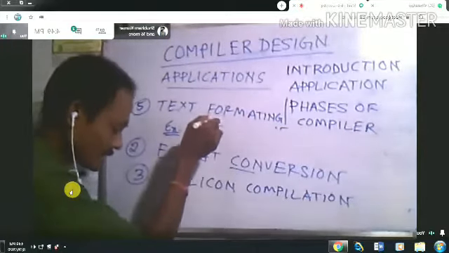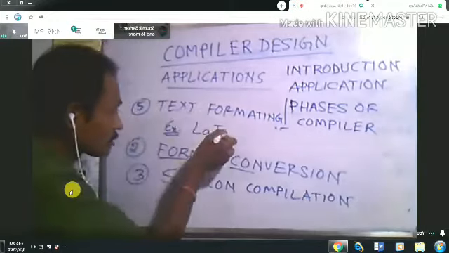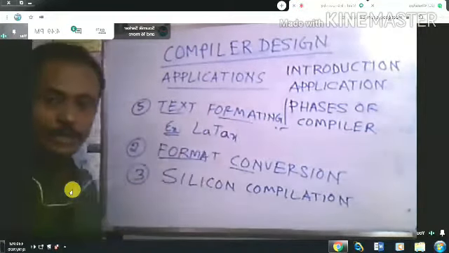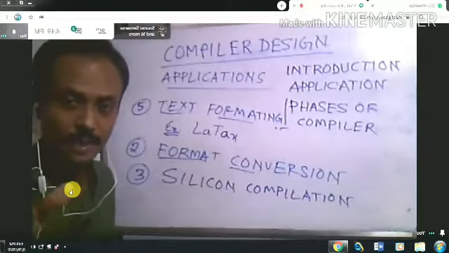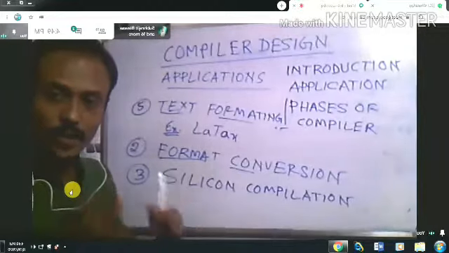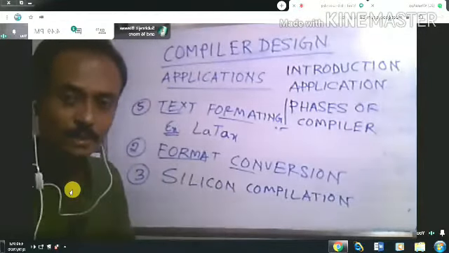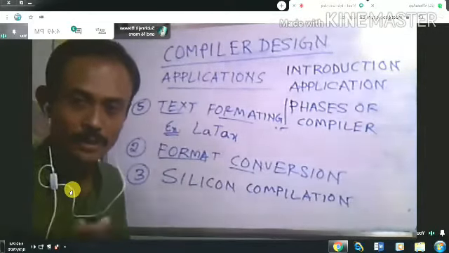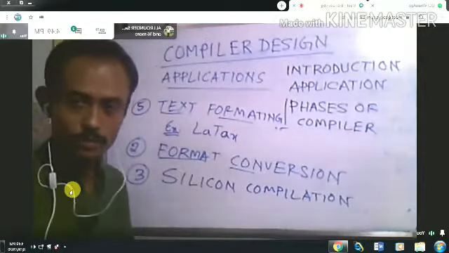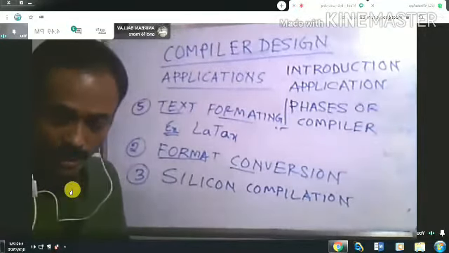You may have heard the term LaTeX. LaTeX is a text formatting software. In LaTeX you give the text embedded with some formatting commands, and then it compiles that text to convert it into the required format. So that type of software is also one type of compiler.